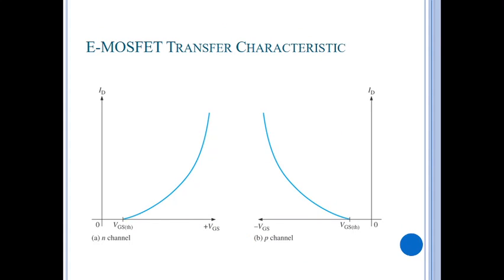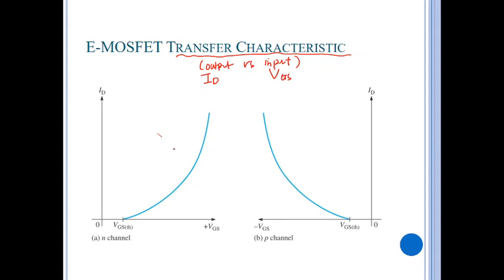Another IV, or current-voltage, characteristic of the EMOSFET is called the transfer characteristic. The transfer characteristic is simply the output versus input characteristic. The output of the transistor in general is ID, the drain current, and the input of the transistor is the control signal, which is the gate voltage, VGS. So this is ID versus VGS.